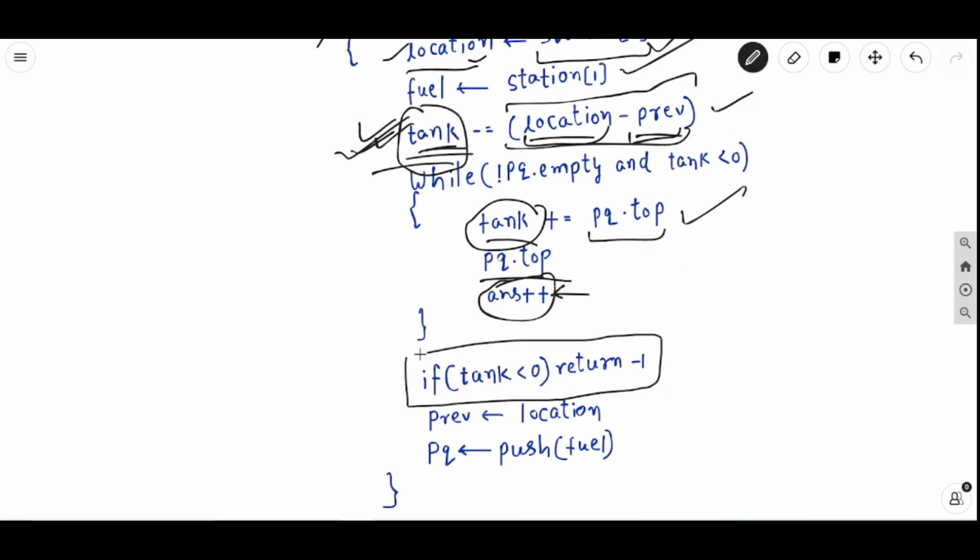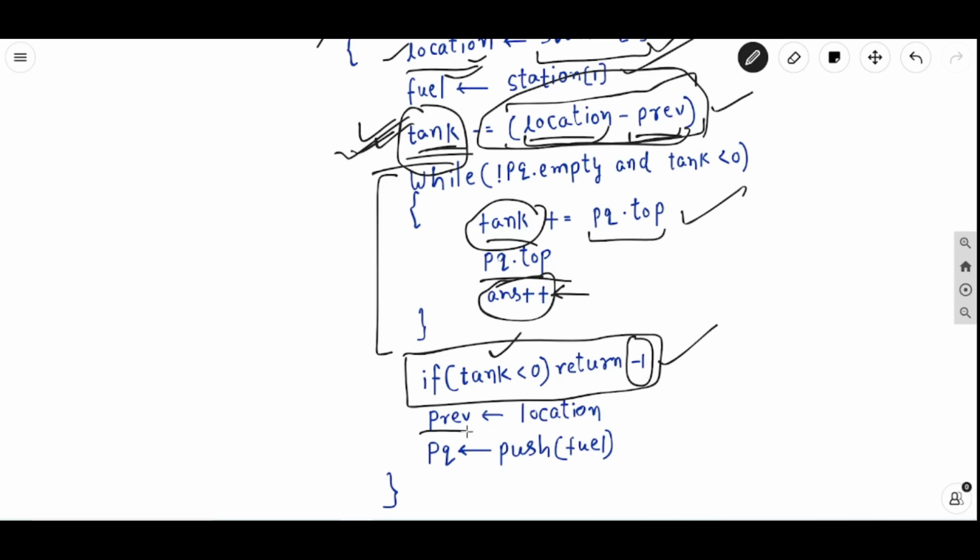If the tank is negative, that means even after consuming the gas from all of the intermediate stations, I am unable to make up for the distance, location minus previous. That means I will never reach this gas station or this current location, and so I return -1 right from there.